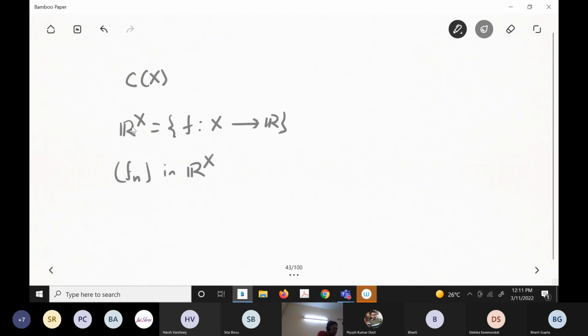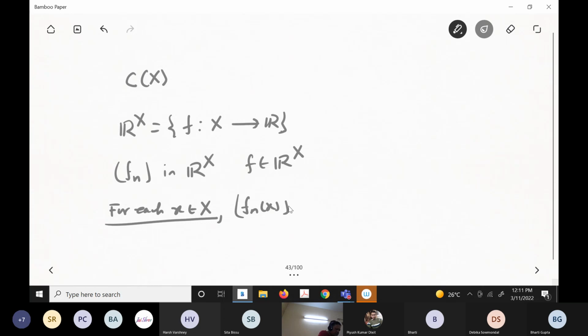So now f_n in R^X and f belongs to R^X. Now look, recall the definition: if for each x belonging to X, f_n(x) is a sequence in the real line.